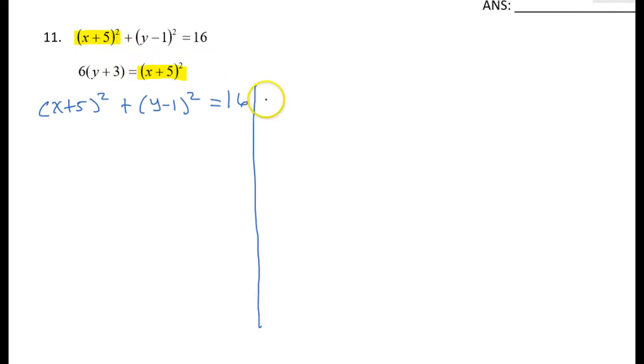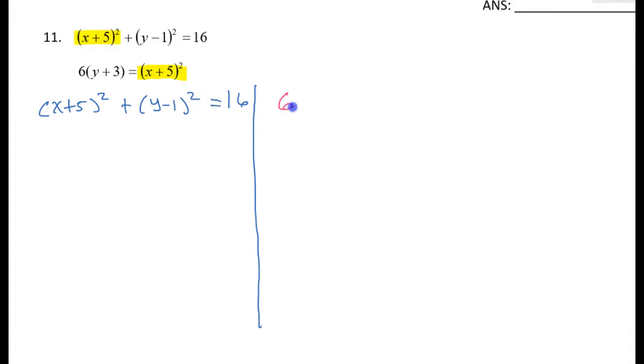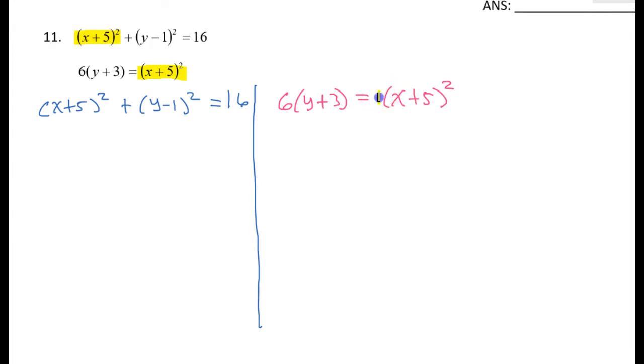In my second equation, I have 6 times y plus 3. You know what? I feel like I should do this in another color. So my second equation, I will have 6 times y plus 3 is equal to x plus 5 squared. Okay, so here's what I'm going to do. Because x plus 5 squared is the same in both equations, I can do a substitution here.